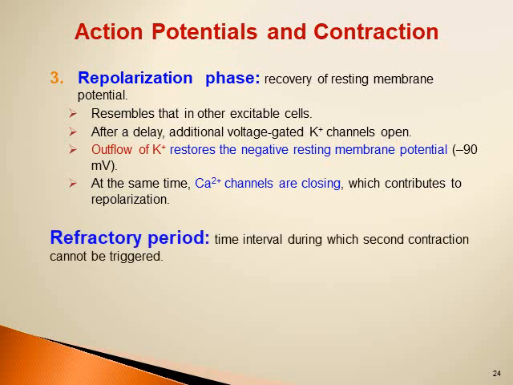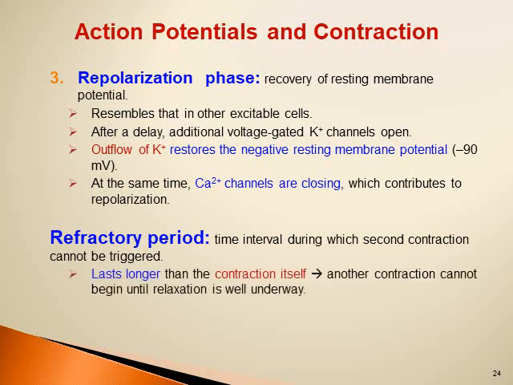The refractory period is the time interval during which a second contraction or second action potential cannot be triggered. It lasts longer than the contraction itself, so another action potential cannot begin until relaxation is well underway.